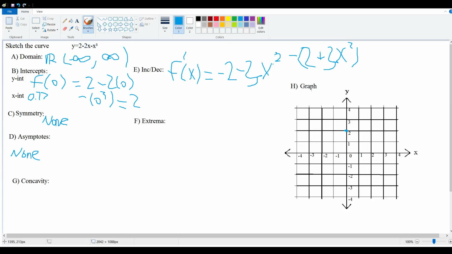Well, it's not greater than 0 at any point. At any value you plug in, the derivative is going to be negative. So it's decreasing on all real numbers.